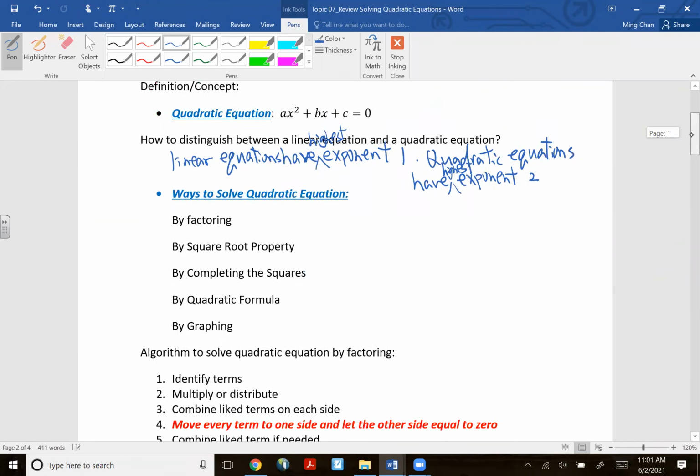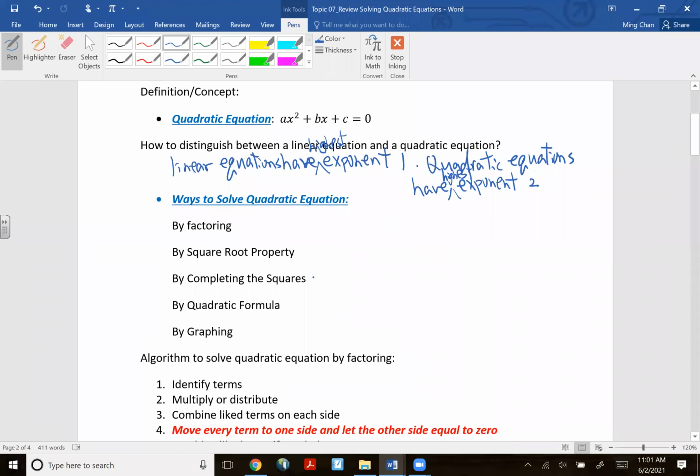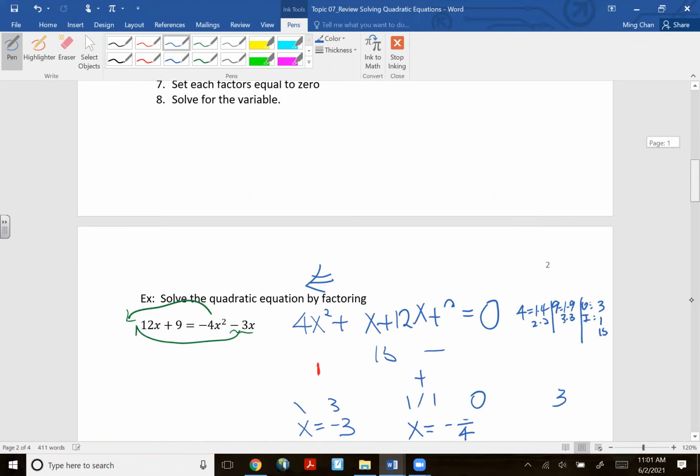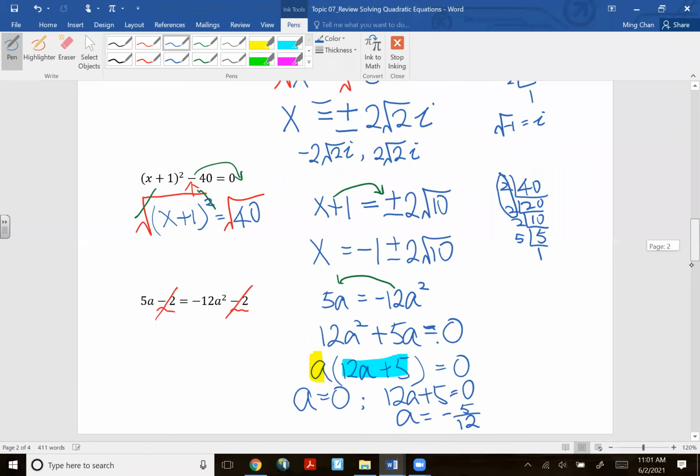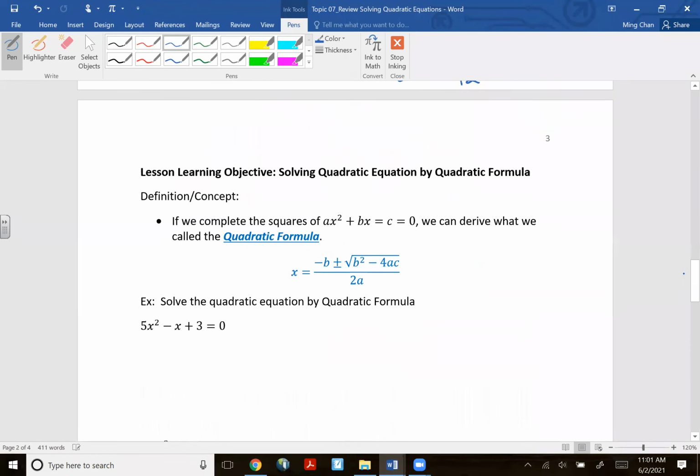Let me go back up. If we complete the square on the quadratic equation form, ax squared plus bx plus c, sorry about that, we can derive this formula.